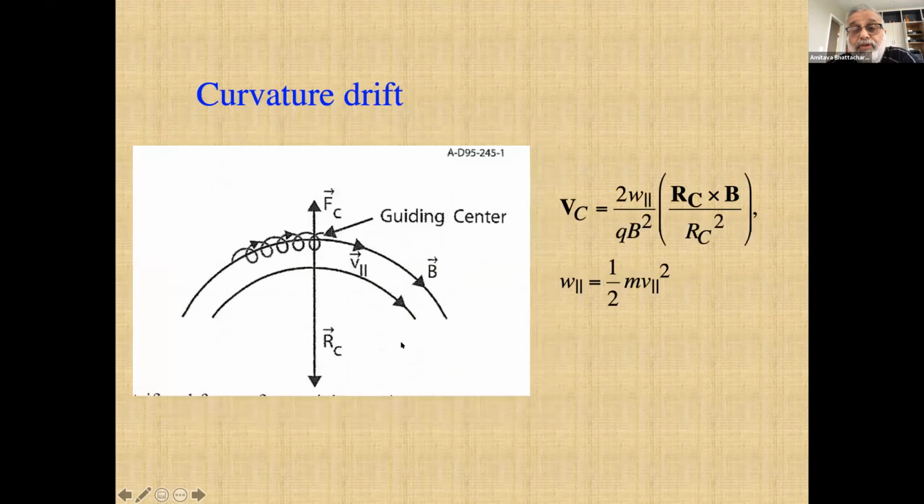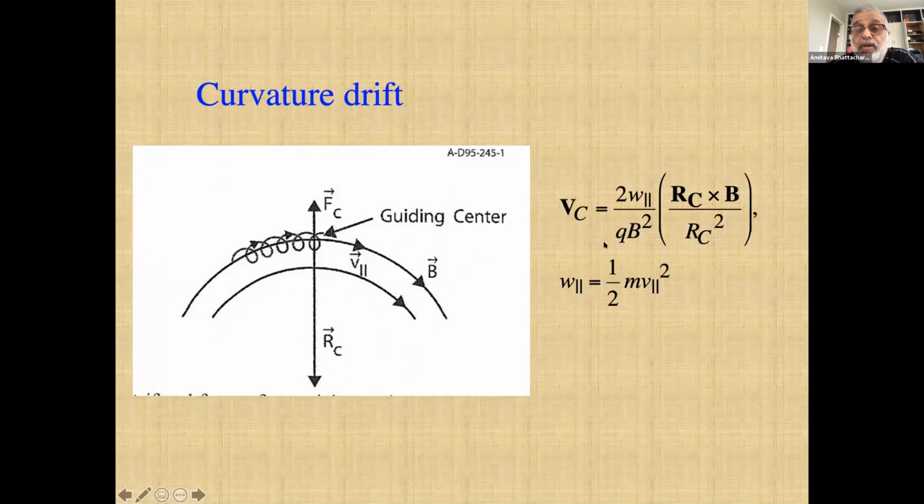There's another drift, which is called the curvature drift, which is when you're going along a curved magnetic field line, you feel there's like a centrifugal force in the reference frame of the particle. And that can be written as 2W parallel over QB squared, times radius of curvature cross B over R_C squared, where R_C is the radius of curvature of the magnetic field.